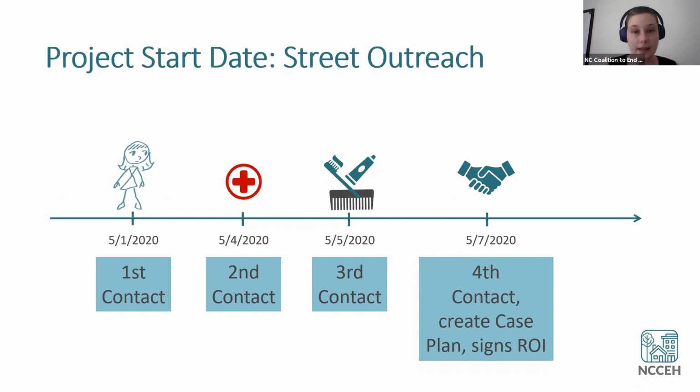And there's a second question to this poll, which is what is the date of engagement then for this client? And that's a question that specifically street outreach projects have to identify. So this is a bit of a two-part question here. And just so you know, you can't submit your response until you answer both questions.